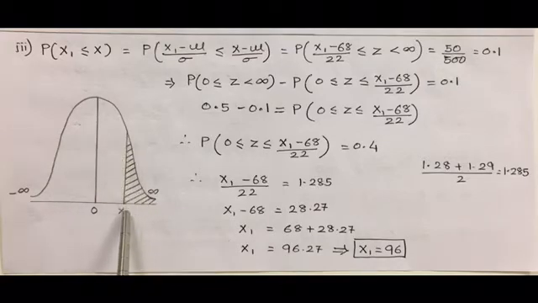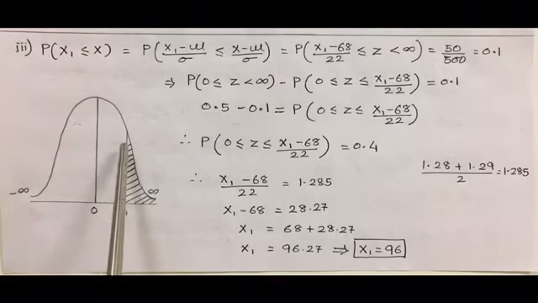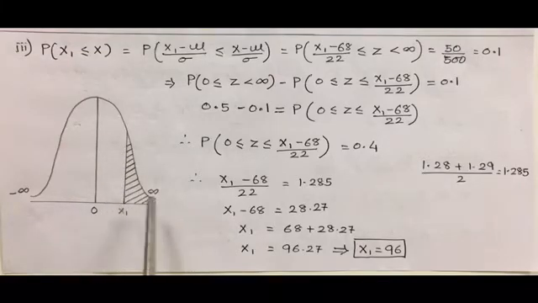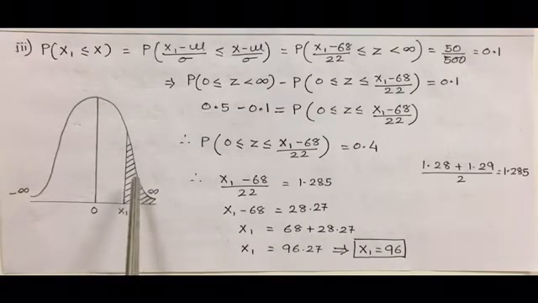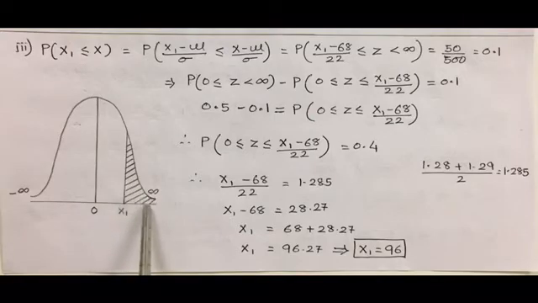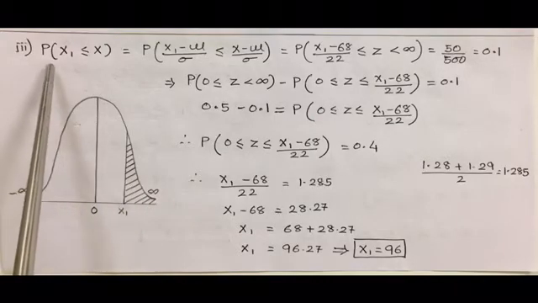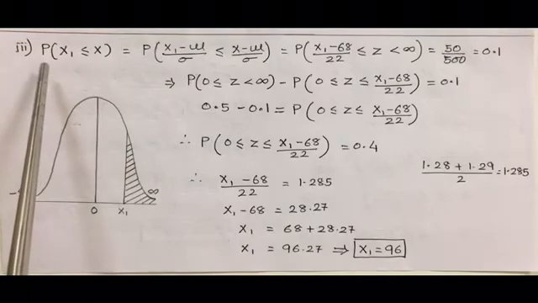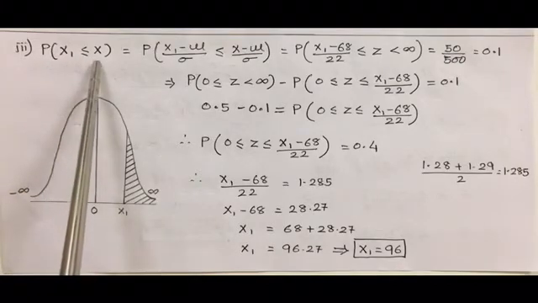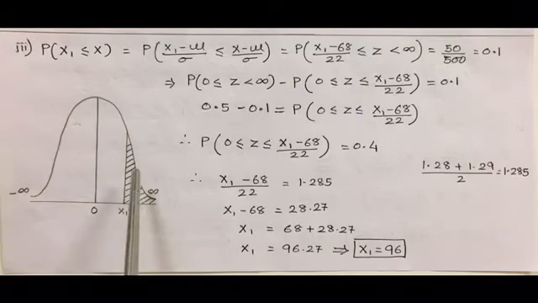Its minimum score means getting the value of x1. So that becomes the minimum score of most intelligent students. Now the area is shaded towards the right of x1. So we'll make the inequality as probability x1 less than or equal to x, because x is the shaded area.